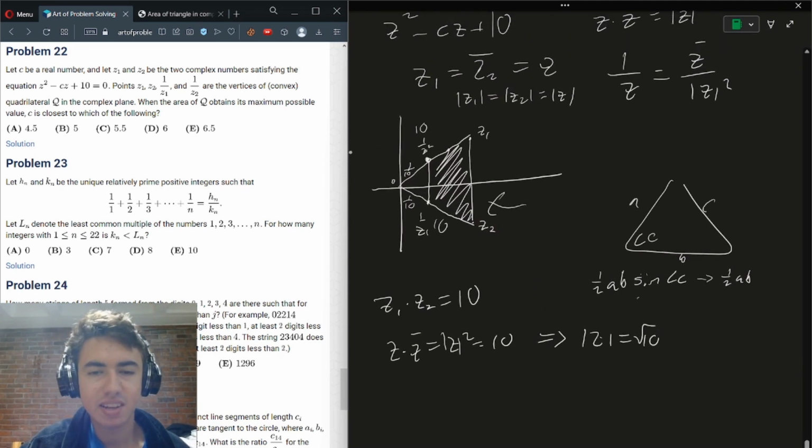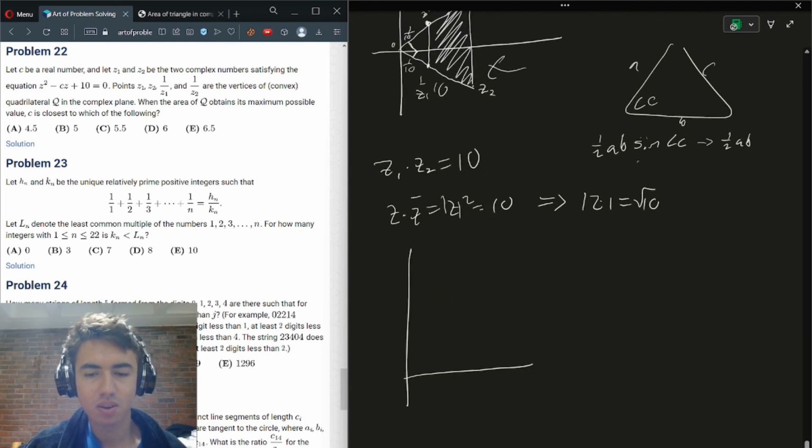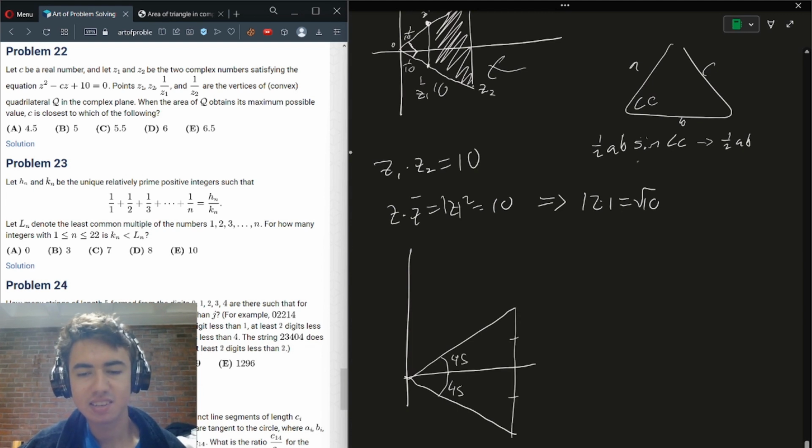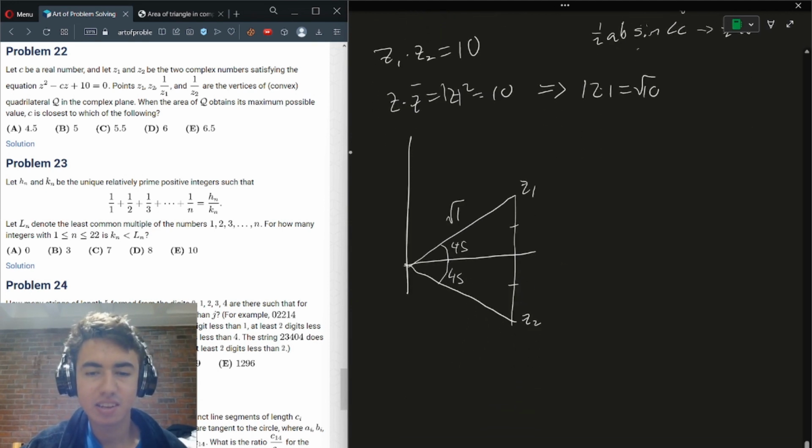This tells us that the triangle must have angle 90 right here, which means, in other words, sort of like redrawing down here, we know that both z1 and z2 must be at an angle of 45 off from the x-axis, since they're complex conjugates, right? And we also know that their length is square root of 10.